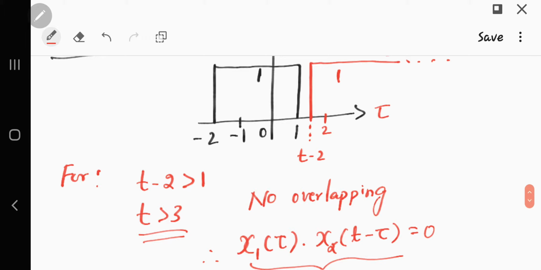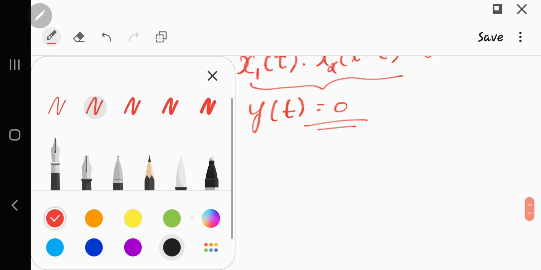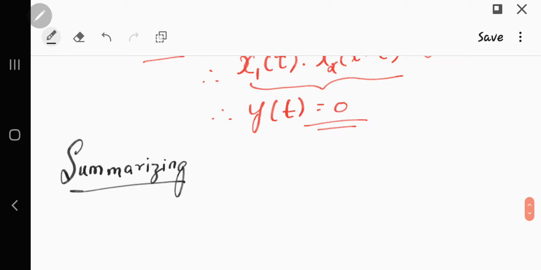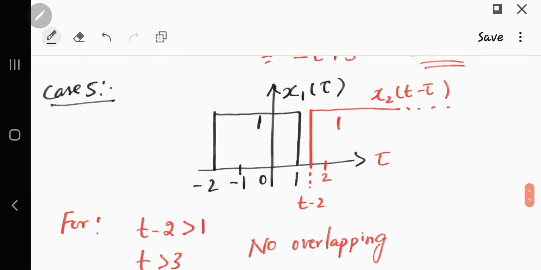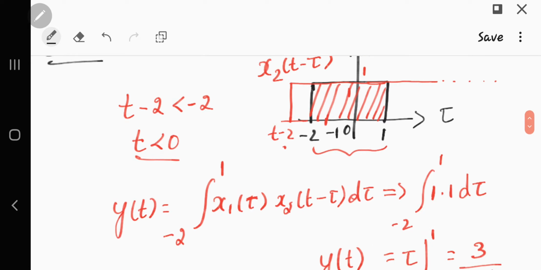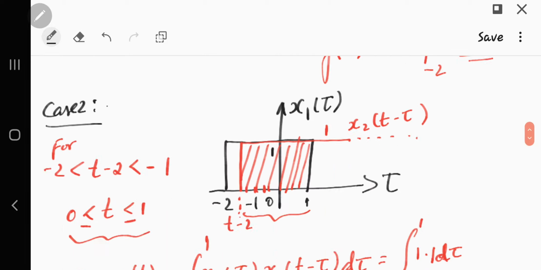Okay. Now let's summarize the value of y of t. First we take the conditions. In the first case, for t less than 0, what is y of t? Y of t is 3.